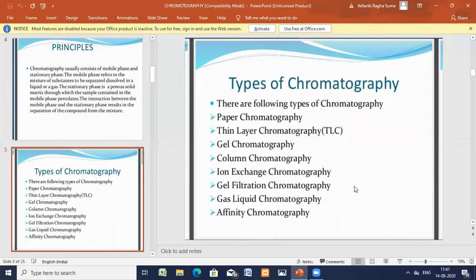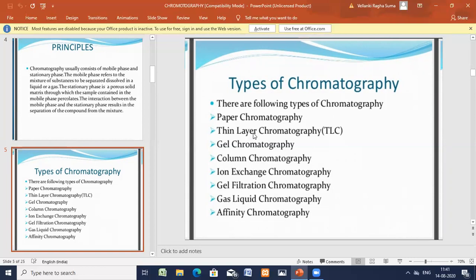Now, we'll see the classification. Chromatographic methods of separation of the components in a mixture into individuals involve a successive series of equilibrium stages.